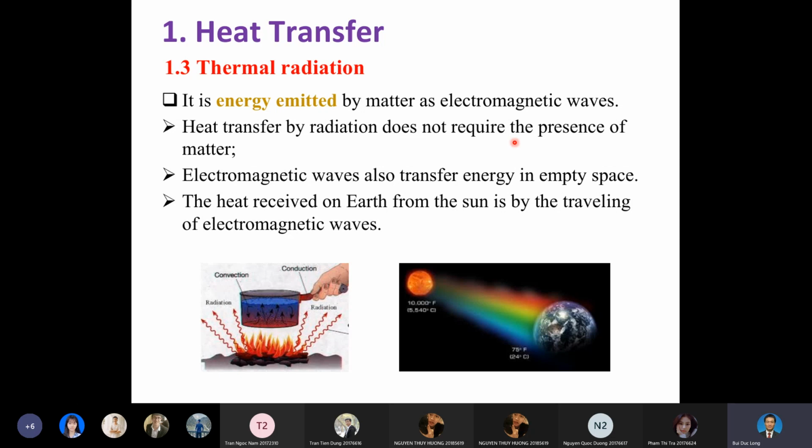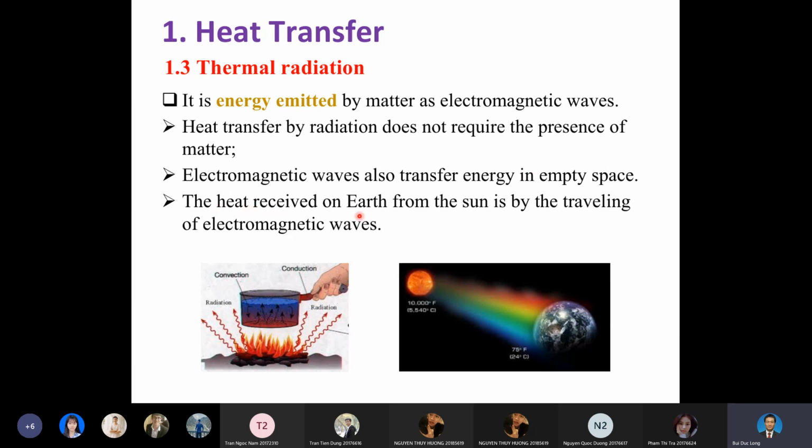That is the difference between thermal radiation and heat transfer by conduction and convection. Electromagnetic waves also transfer energy in empty space. As I said, it can transfer in a vacuum.